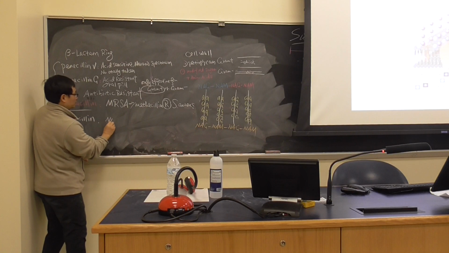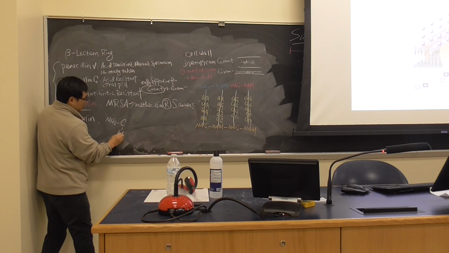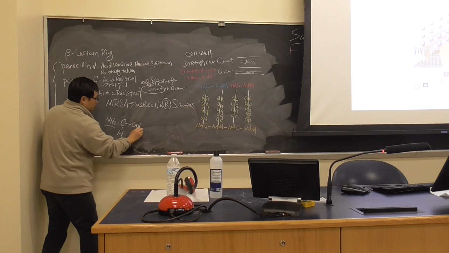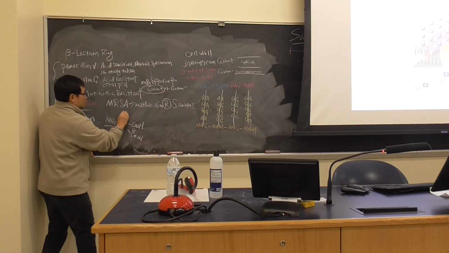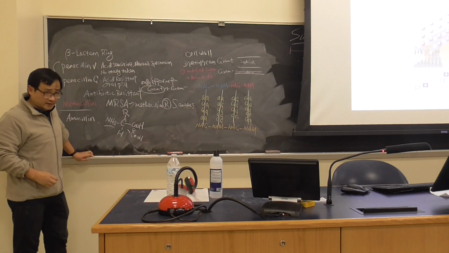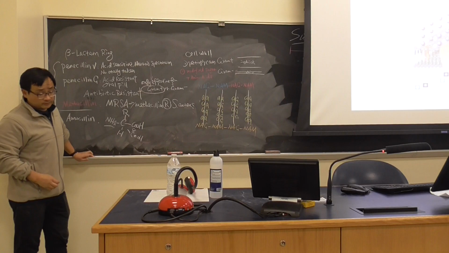I don't want to go too much into chemistry. The chiral C has an H proton, an amino group, and a carboxyl group. This should be written like this. Then this is the side chain, which could be glycine, alanine, phenylalanine, threonine, cysteine, arginine, the 20 amino acids.